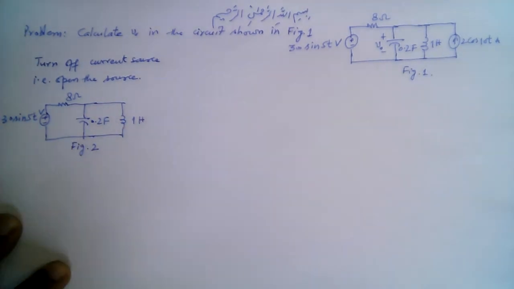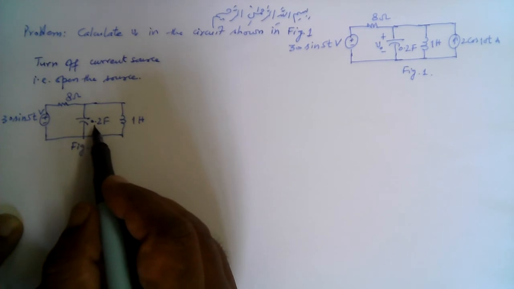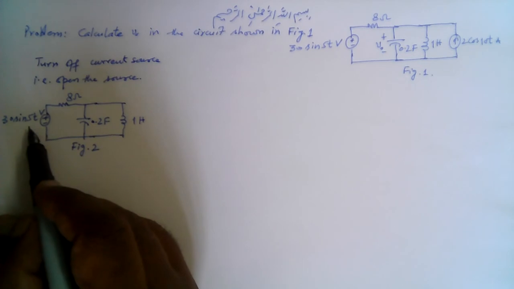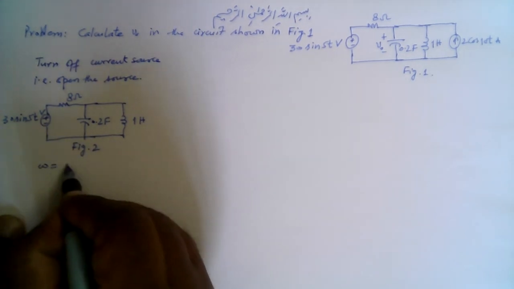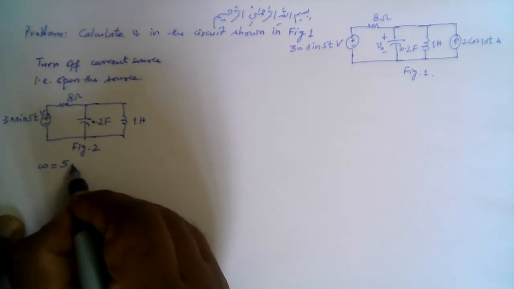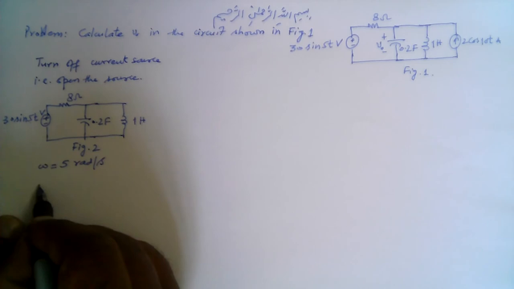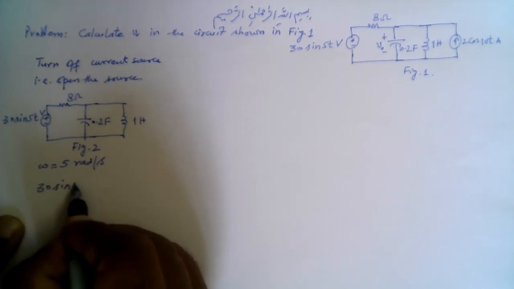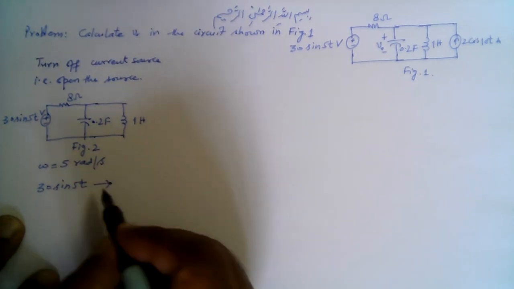So we need to transform this obtained circuit from the time domain into the phasor domain using the frequency of this voltage source here. So omega here is 5 radians per second, and the voltage source 30 sine 5t needs to be transformed into the phasor domain.